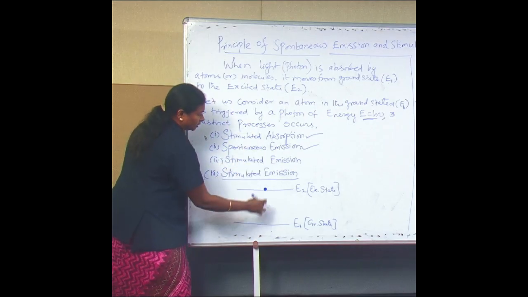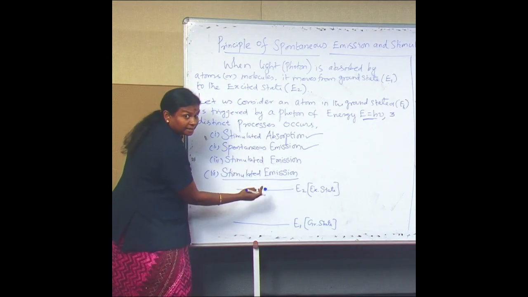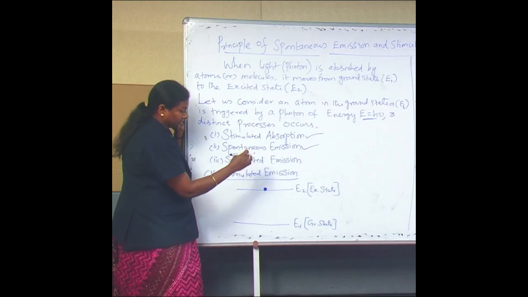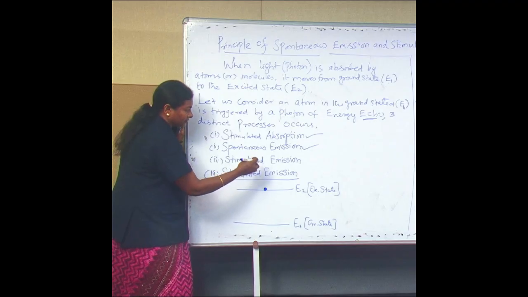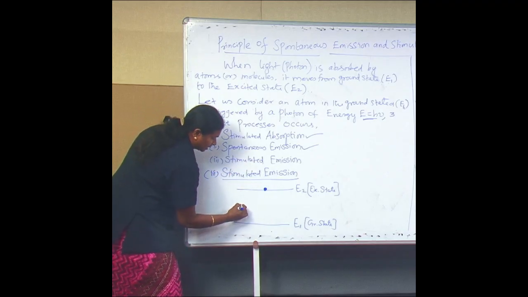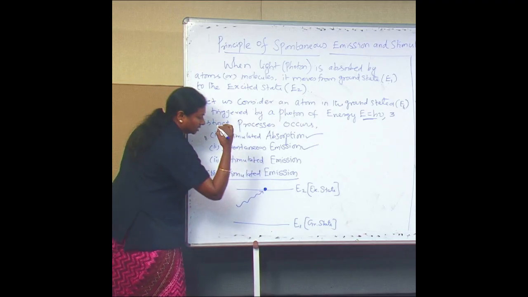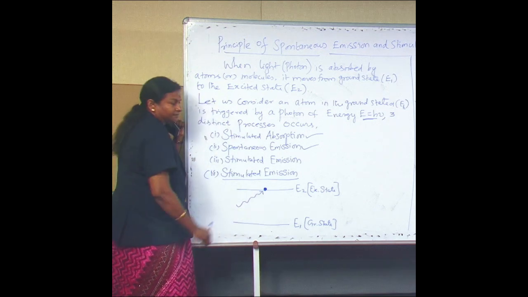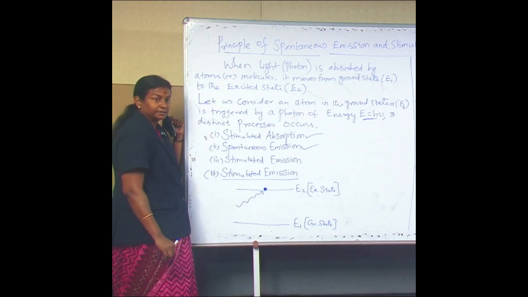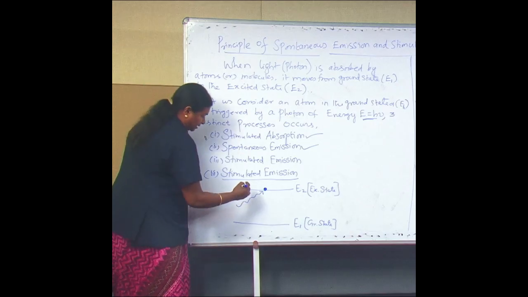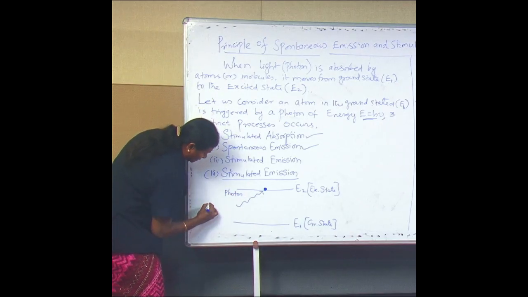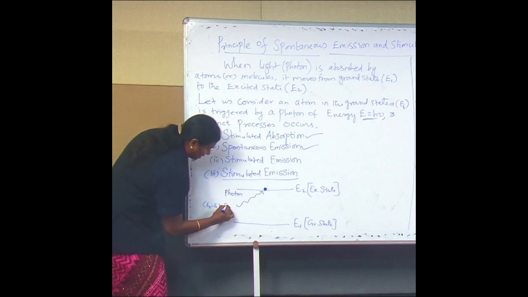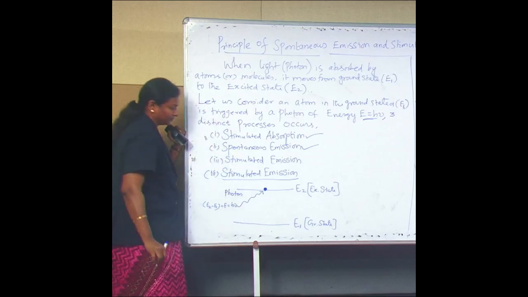The emission goes from the higher energy state to the lower energy state, but here we induce the atom in the excited state by hitting a photon of energy E is equal to h nu. So, this is E2 minus E1 which is equal to E which is equal to h nu.